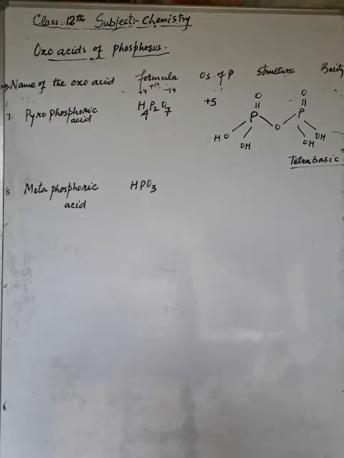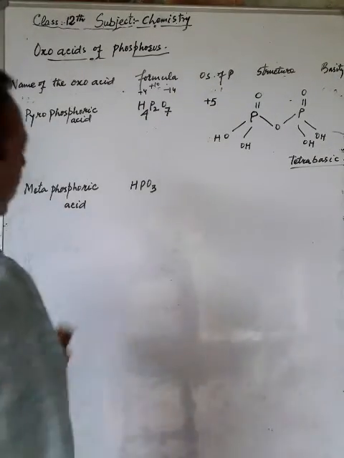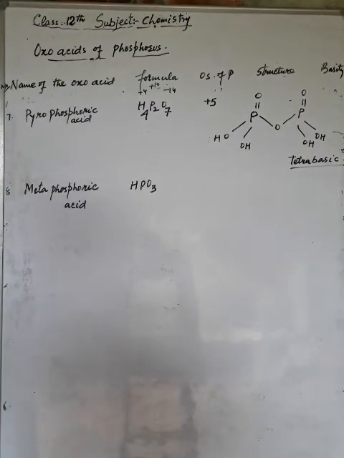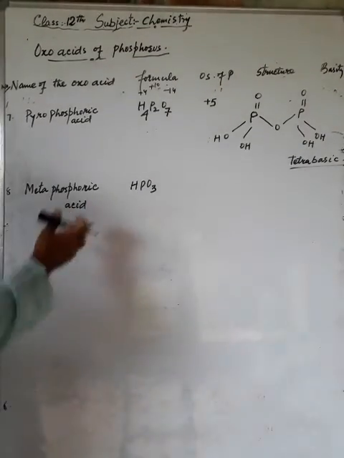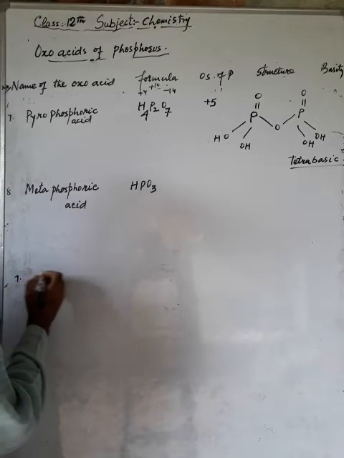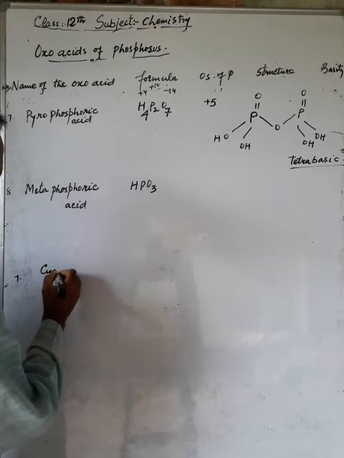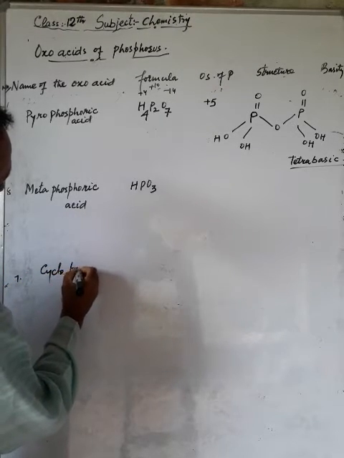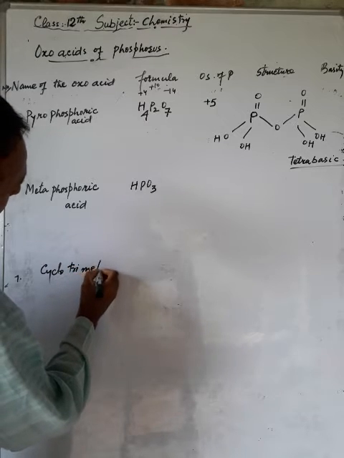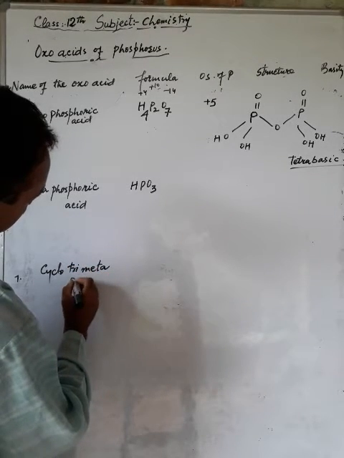Although HPO3 exists in the polymeric form, it exists in two forms: number 1, the cyclo form, trimetaphosphoric acid.